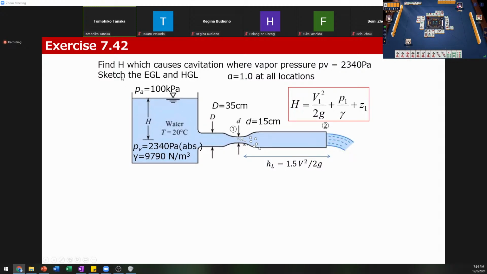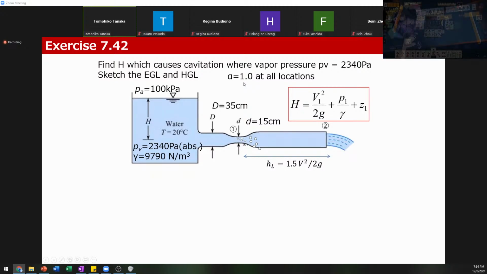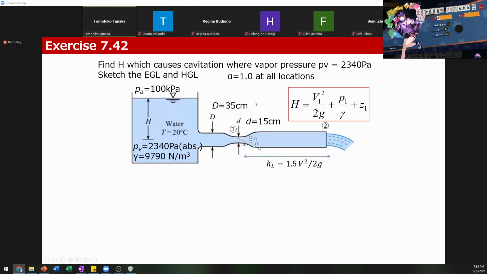And then the question is to find H, which is the head here, which causes the cavitation where the vapor pressure PV is 2340 Pascal, and sketch EGL and HGL. And you can assume alpha equal to 1 at all locations, which is a uniform flow.